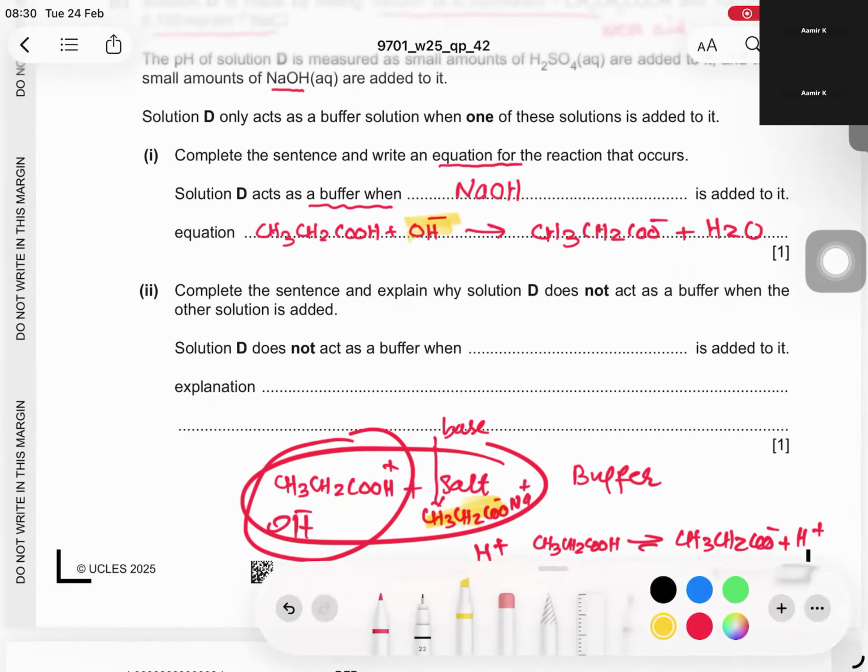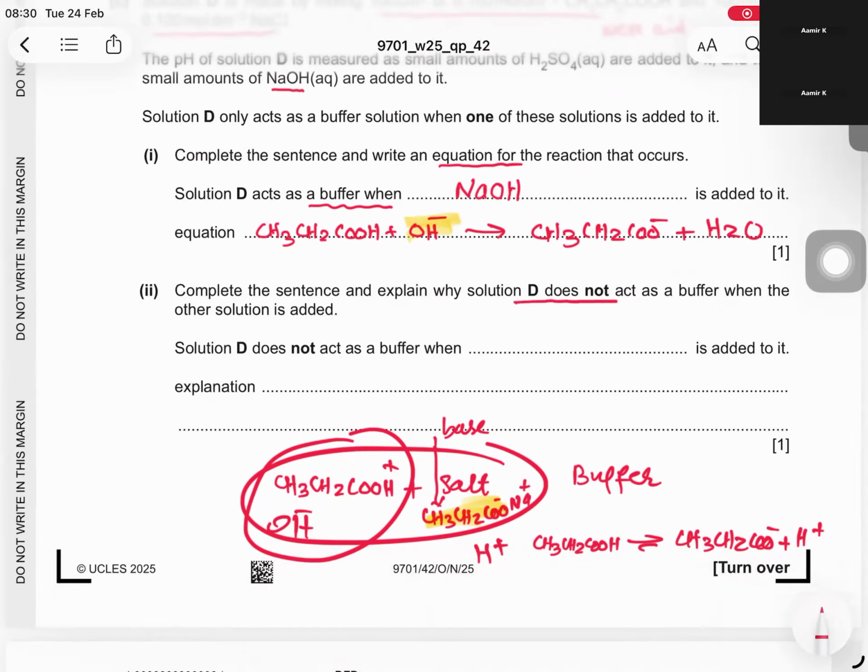On the other hand, if you look at this sentence, explain why solution D does not act as a buffer when the other solution is added. Solution D does not act as a buffer when H2SO4 is added. Why not? Because in order to neutralize the H⁺ ion from H2SO4, it needs its conjugate base. So there is no conjugate base of this acid, right?